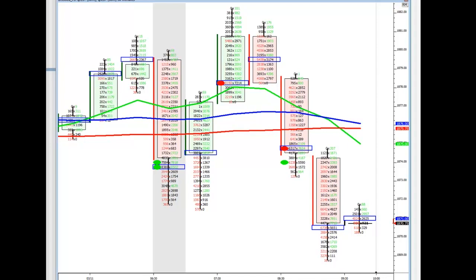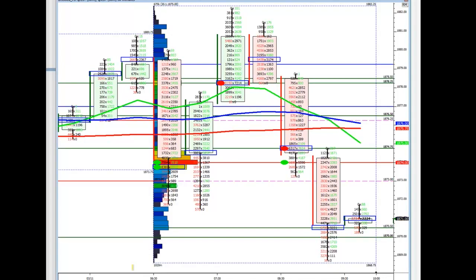Now, let us take a look at the KVT, and in addition to having the KVT on the chart, I've also included the profile.